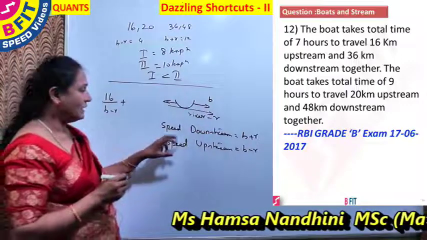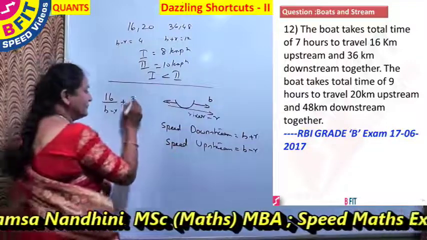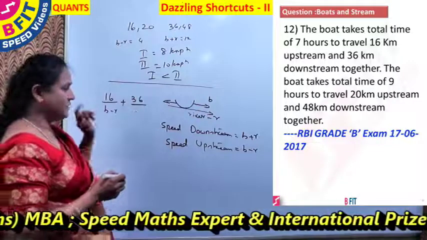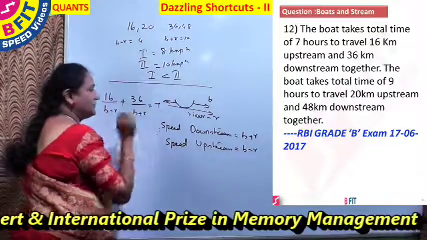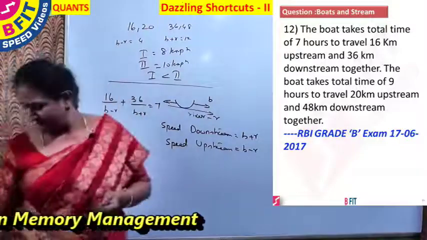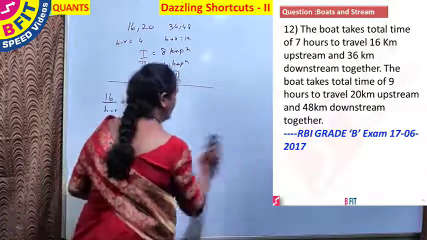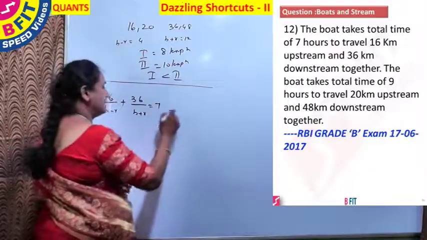We also have to calculate downstream: it is going 36 km, and time is distance by speed, so the speed is b plus r, which is equal to 7. So with the first data I have formed an equation. This is the first equation.